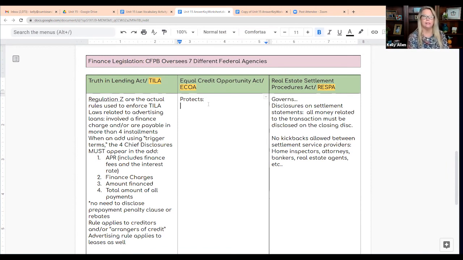It protects, let's talk about the people, protected classes from credit discrimination, from lending discrimination.